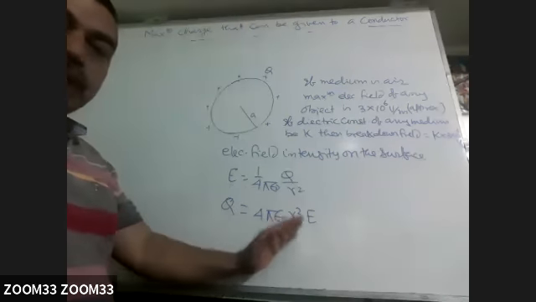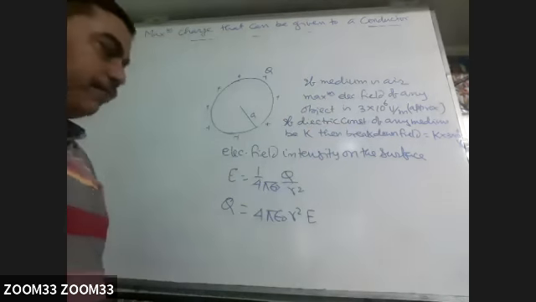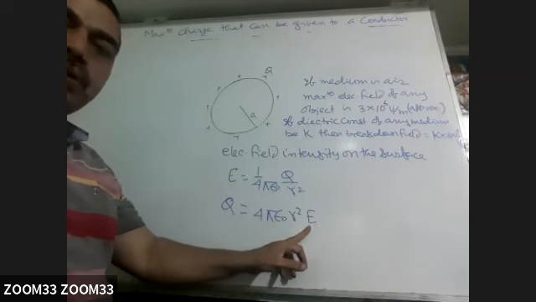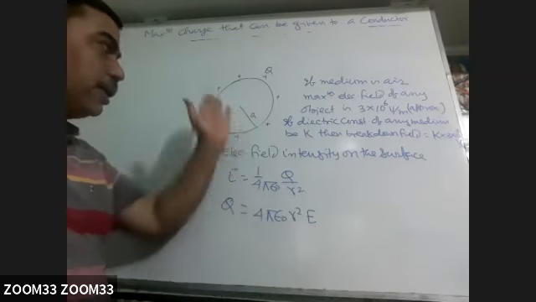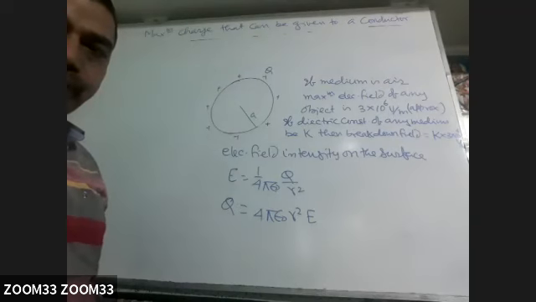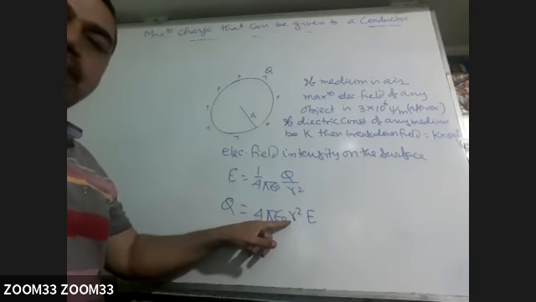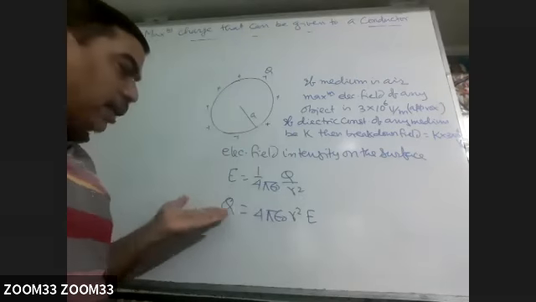So if the maximum electric field is this much, what will be the maximum charge? For that we substitute this value, whatever the radius of that surface may be. Naturally, if the radius of the surface is large, we can give a large amount of charge.